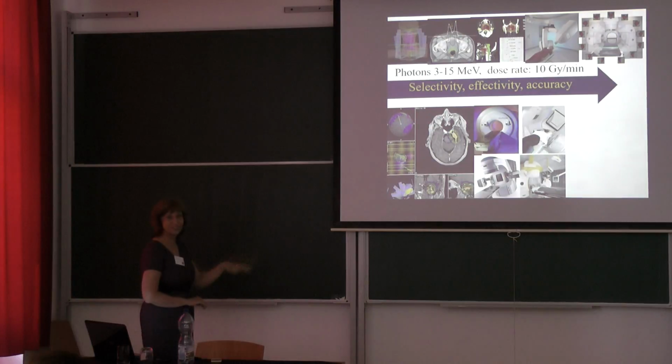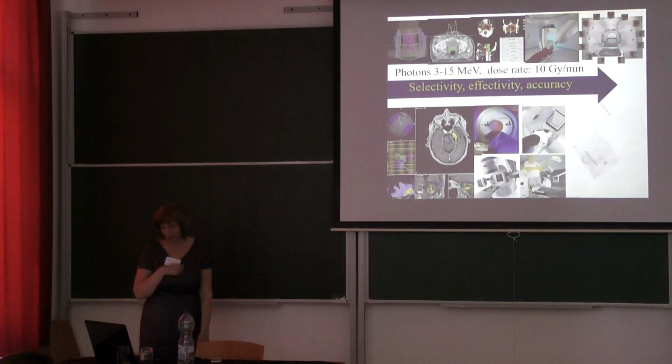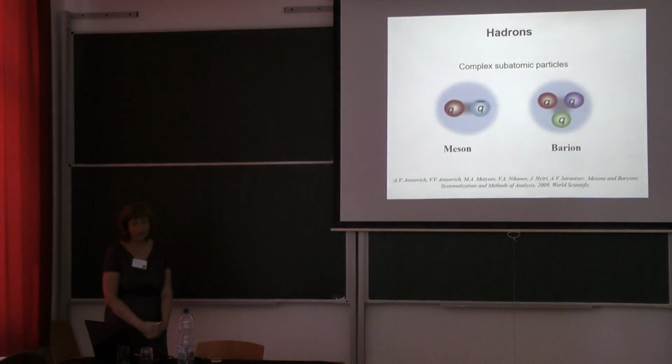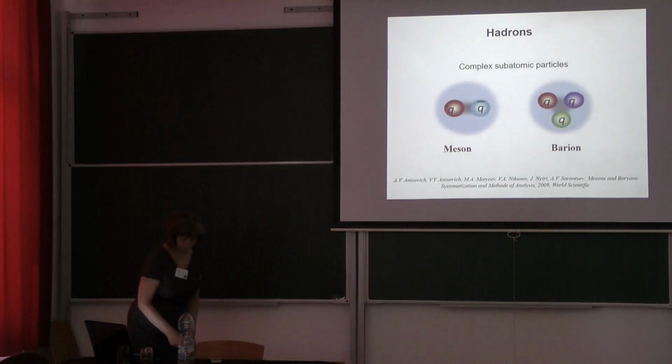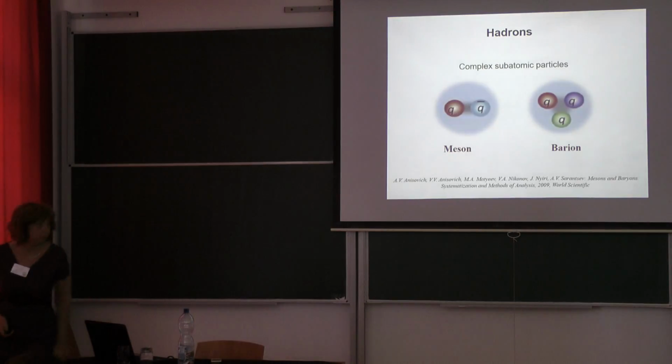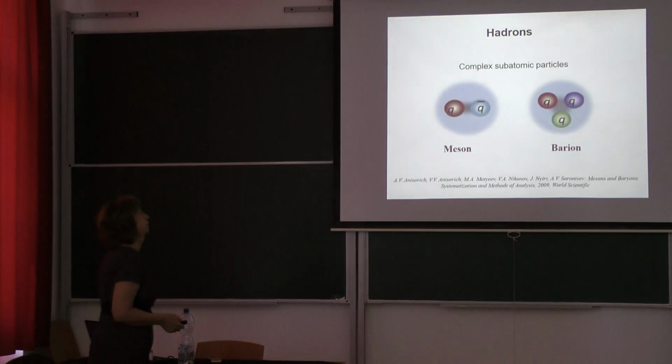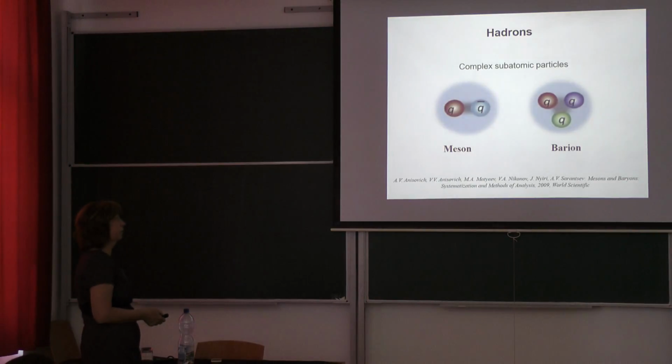So we stopped here, with conventional radiotherapy having reached its maximum from the point of view of selectivity and accuracy. And hadron therapy occurred to some developers, and they use subatomic particles, the mesons and baryons.